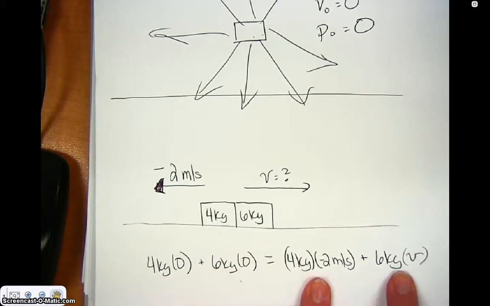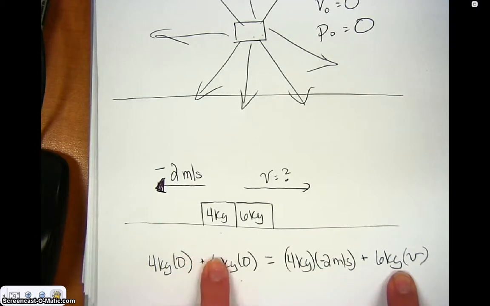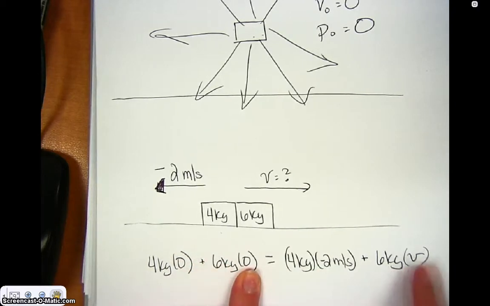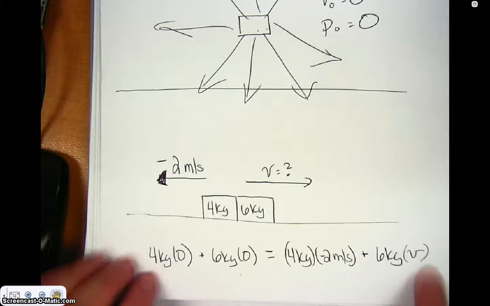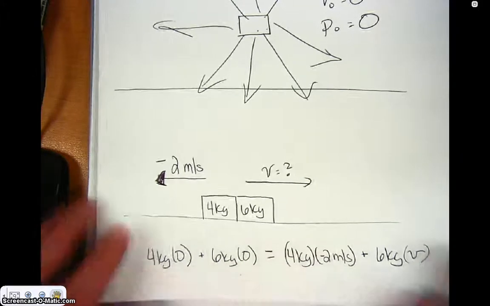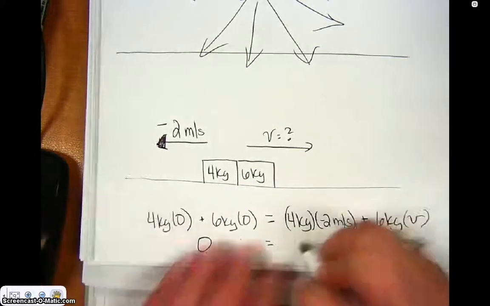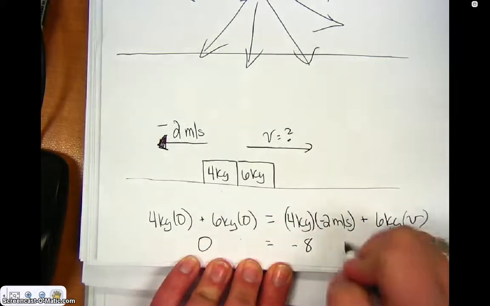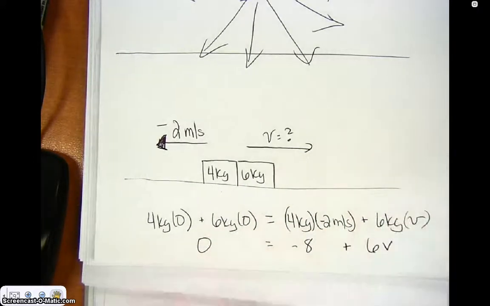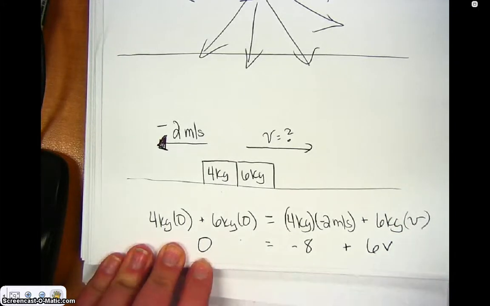These actually have to cancel out because the initial momentum was 0. So let's solve for that velocity. If we simplify this, we have 0 equals negative 8 plus 6 times v. So we get that 8 is equal to 6v.